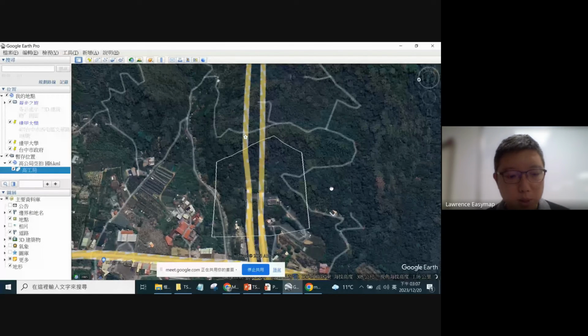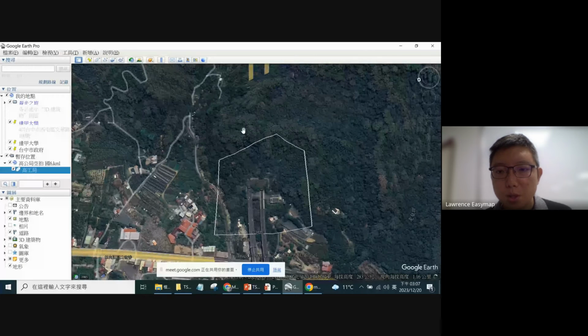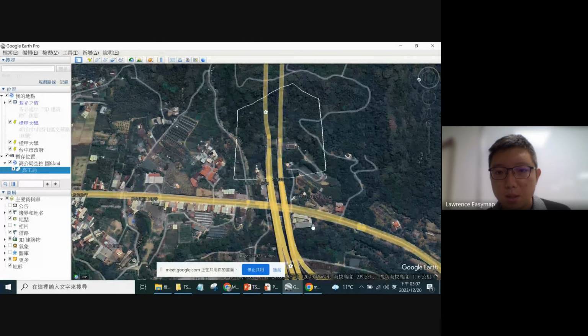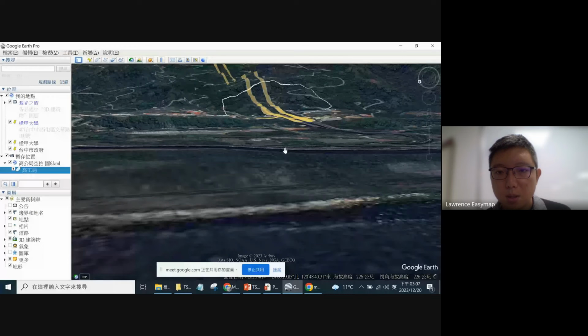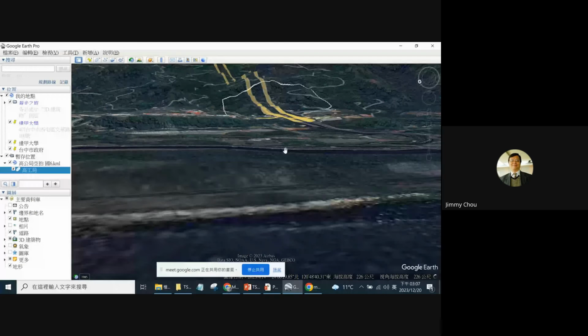There are some highways and so on. But more importantly, I want to know the terrain and what it looks like. So it is very useful in Google Maps.